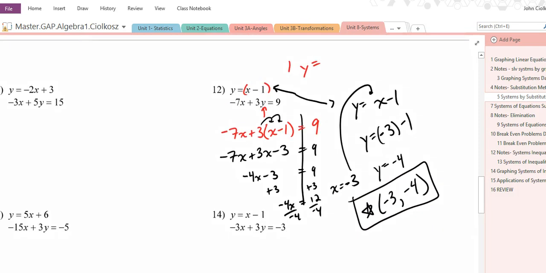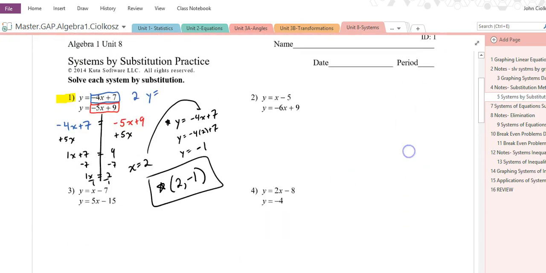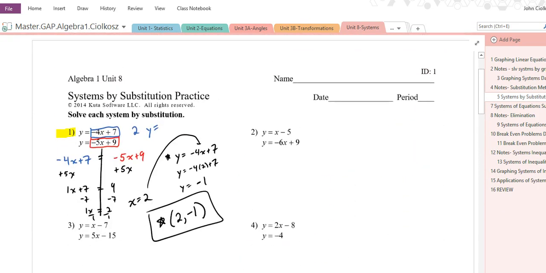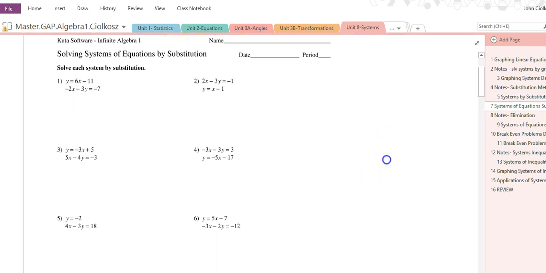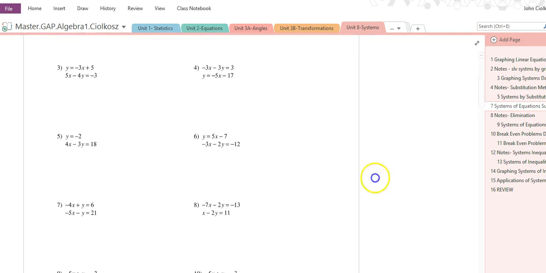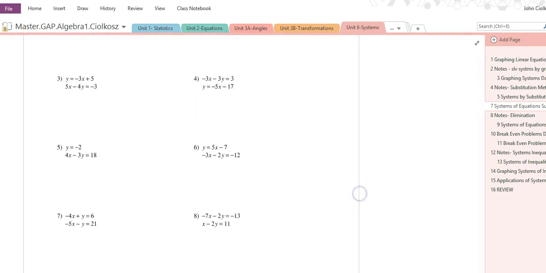Alright, from there, what you're going to work on now is finishing all the problems on this page. Make sure you take your time and show all steps as I have. You'll also be working on substitution here. You'll notice the first chunk of these, 1 through 5, we have y equals.